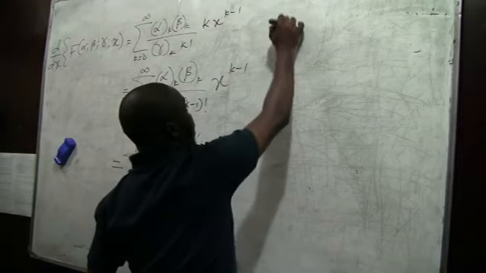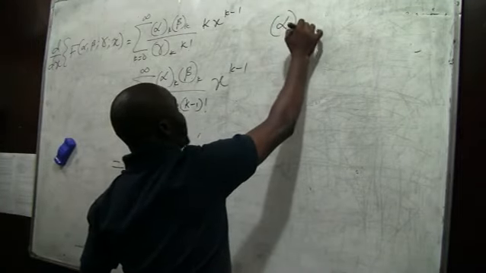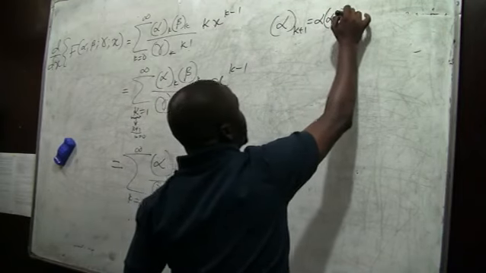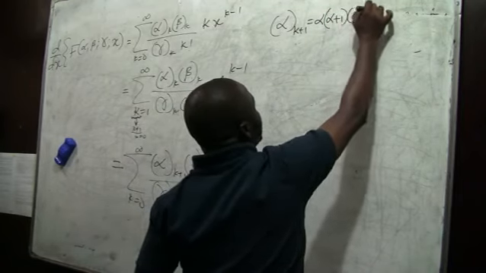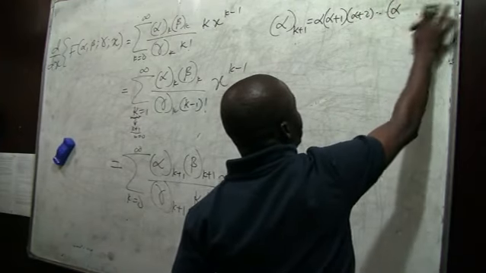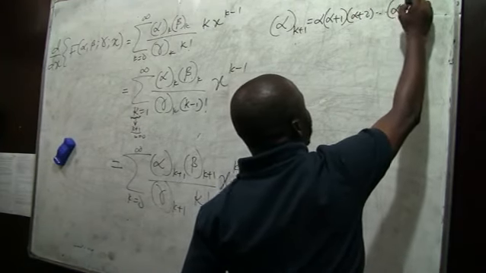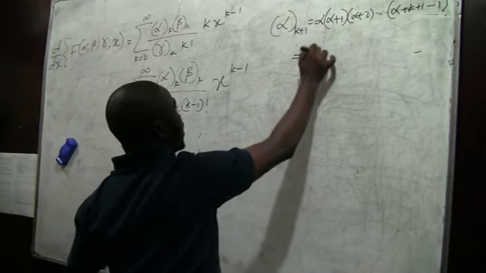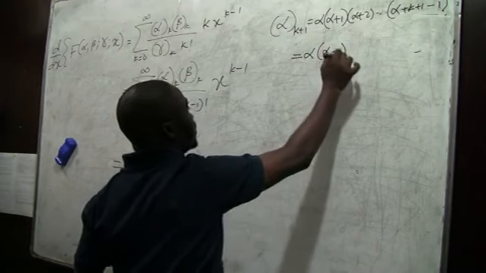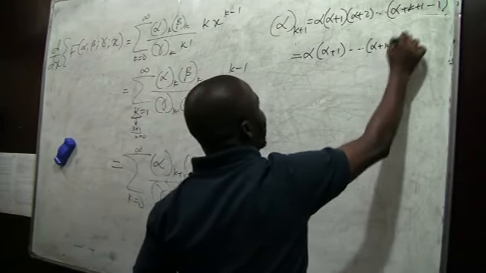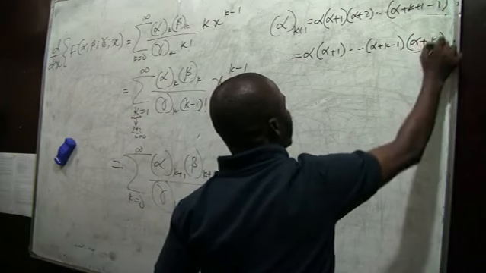I have alpha sub k plus 1. By definition, this is alpha, alpha plus 1, alpha plus 2. It continues until I have alpha plus k plus 1 minus 1, which eventually gives us alpha, alpha plus 1, up to alpha plus k minus 1, and then alpha plus k.